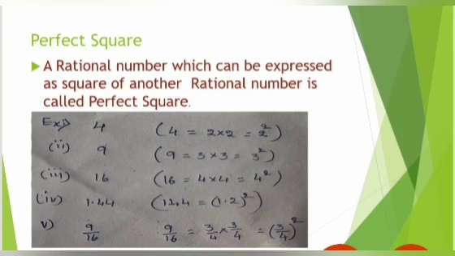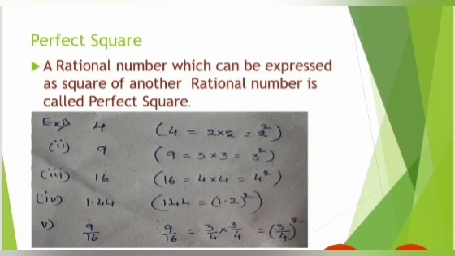So 4 is perfect square. Next example, 9 is equal to 3 square. So 9 is a perfect square. Next 16 is equal to 4 square. Okay, 16 is also perfect square.